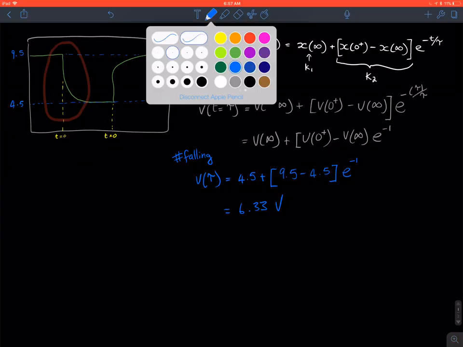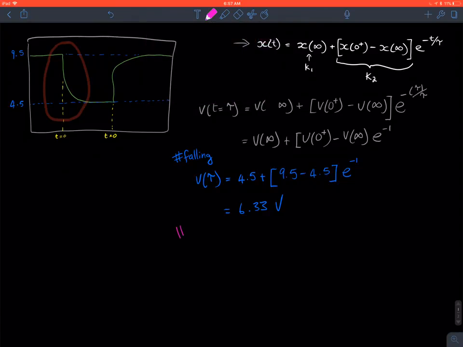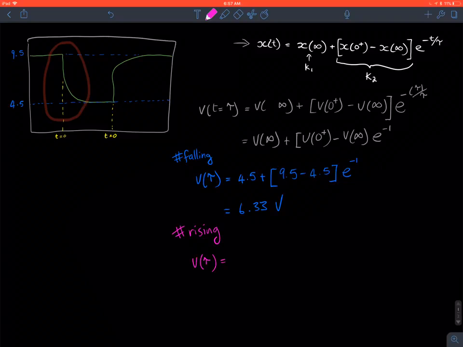So now let's do rising, which you can kind of do yourself, but I'll just do it. So if we have rising, you're going to have the same thing. V of tau is equal to, so now we're replacing this V of infinity right here. We're going to replace this with the steady state of the rising, which in this case is 9.5. So you can see how it's going to give you a slightly different number.